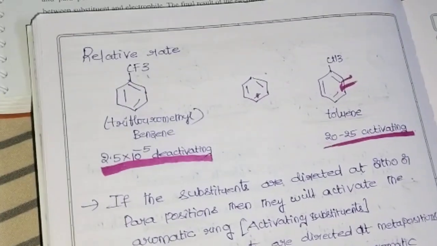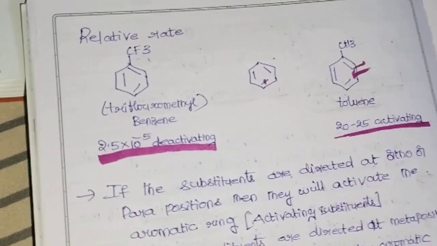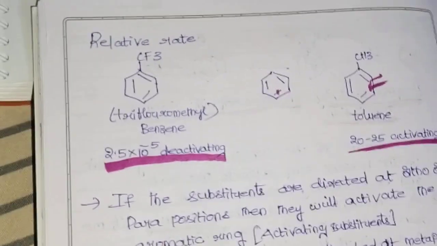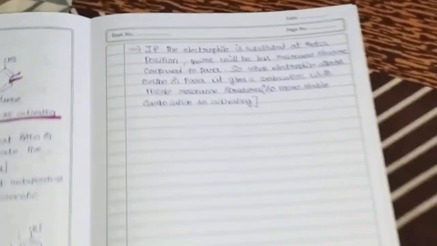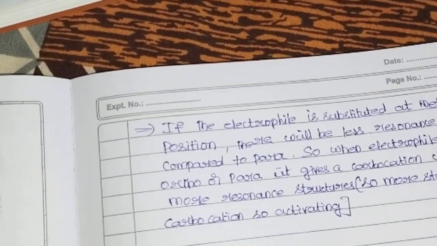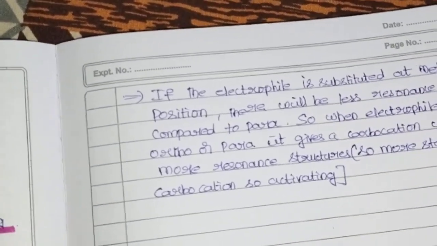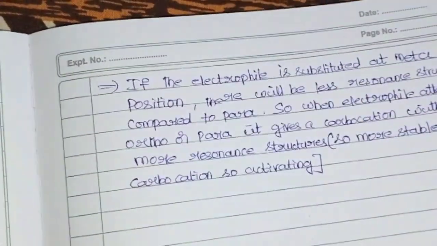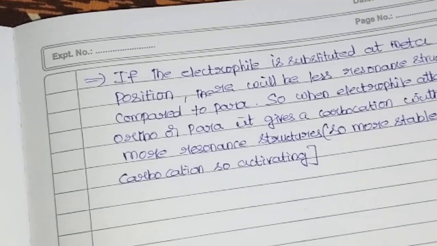From this we can tell, depending on the position to which the substituents are directed, they may be activating substituents or deactivating substituents. Why is it happening? It may be because of the resonance effect, because of the resonance structures. If the electrophile is substituted at the meta position, there will be very few resonance structures compared to para.